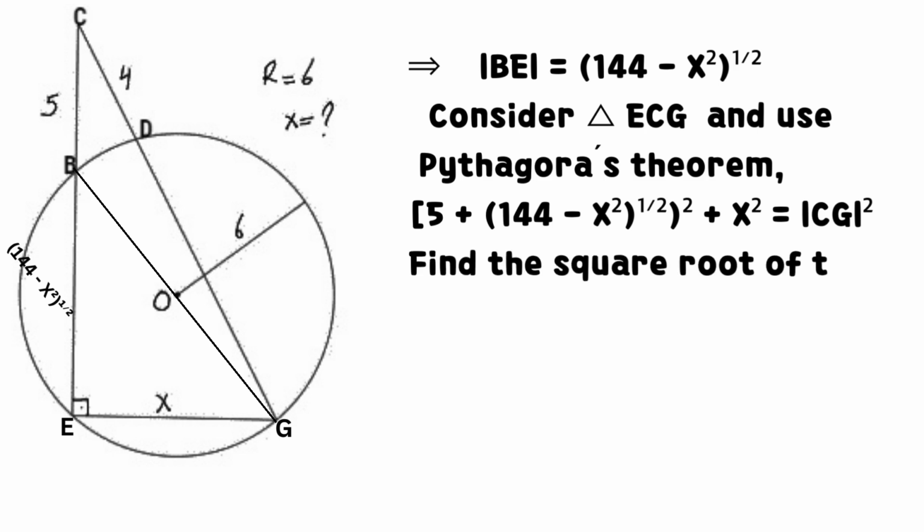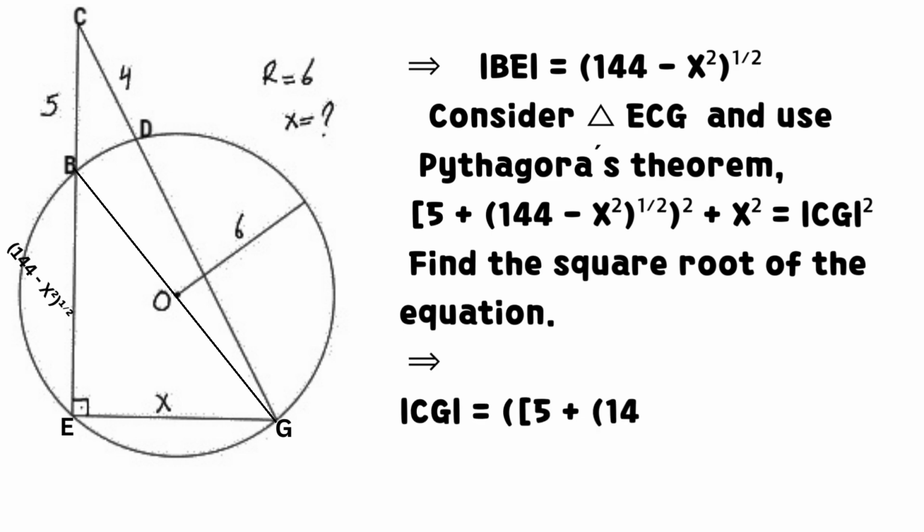Consider triangle ECG and use Pythagoras theorem. We obtained an equation in x for the square of line CG as shown on the screen. Find the square root of the equation and we have that the length of line CG equals the square root of the sum of 5 plus the square root of 144 minus the square of x, and the square of x, as shown on the screen.